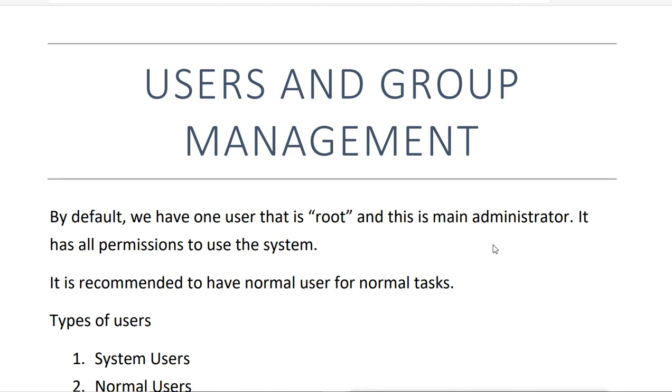A normal user account means a person who wants to use the system but does not have the permission or rights to access everything. So we can create a normal user account. The information about that user, including the name of the user, the password for authentication, and other information.